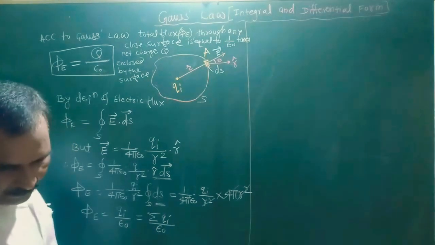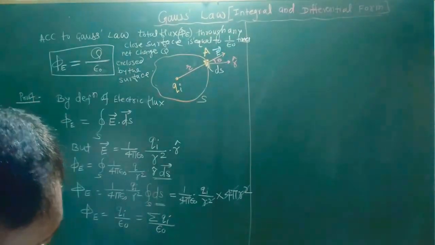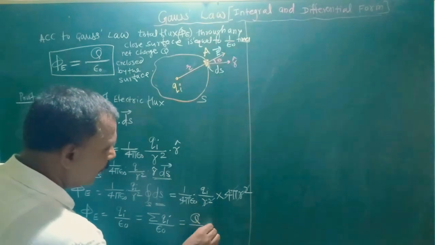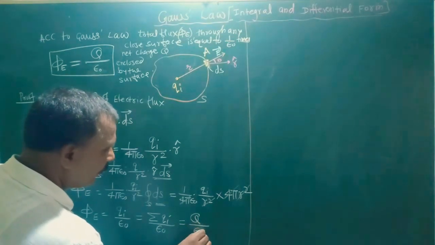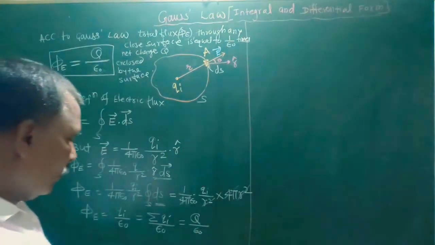And finally this is the total electric flux we have to consider, which is equal to Q upon epsilon naught.